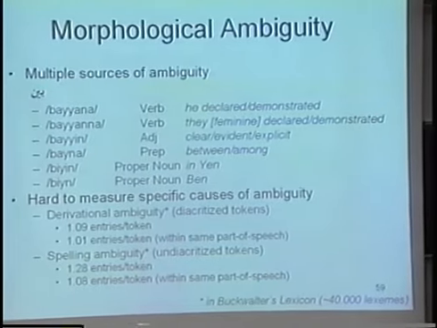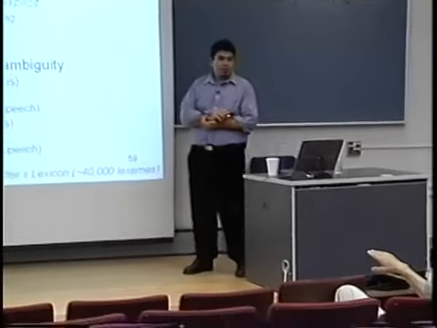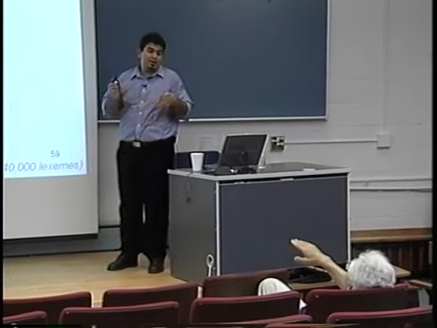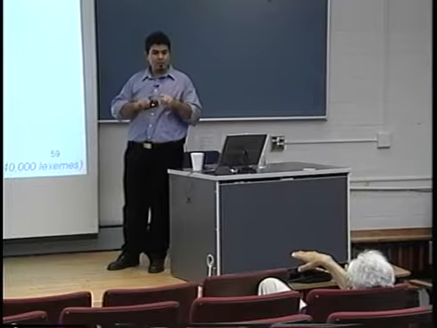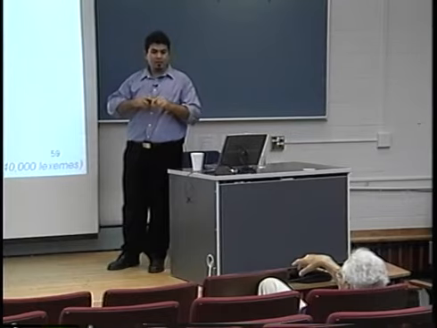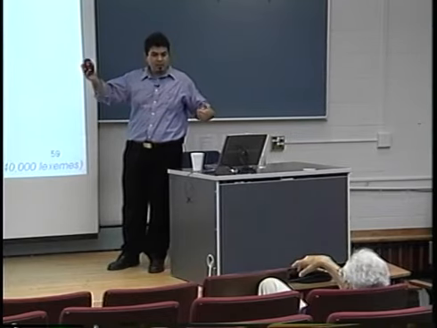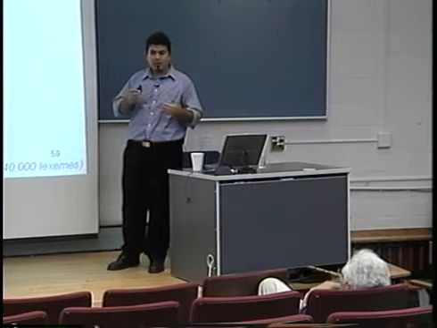Derivational ambiguity has to do with not knowing what its meaning is. We know what the radical is, we know what the pattern is, but we don't know what the meaning is. The meaning could be very different. I'm talking about word sense ambiguity. Yes, it's word sense.